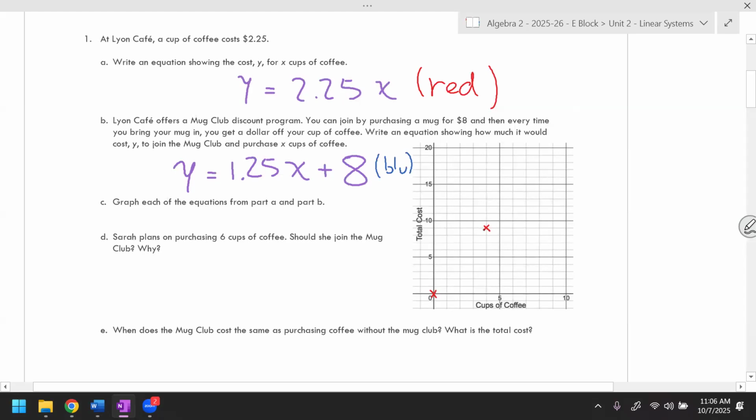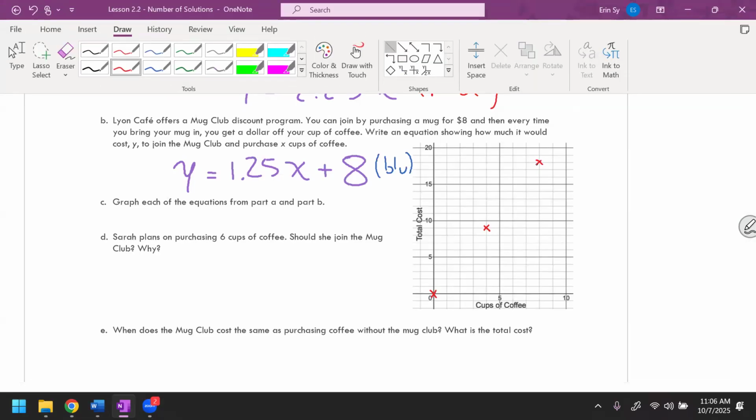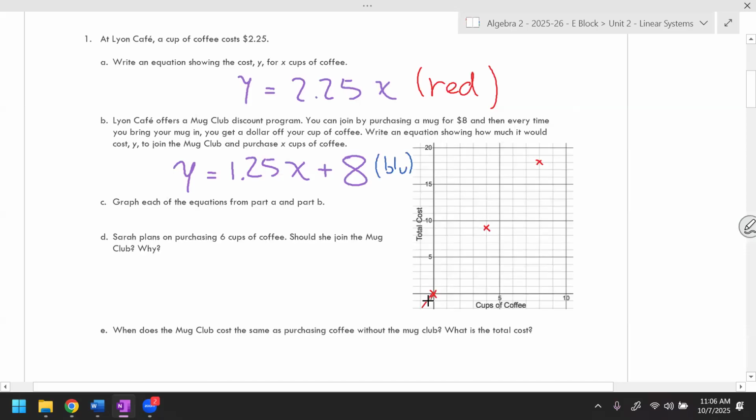What about for 8 cups of coffee? Makes sense, we're just doubling it up to 18. So 18 is over here, and I've got 8 cups of coffee here. Okay, so I'll draw a line. If you don't draw a line, I'm not going to mark this wrong if this was on a quiz, but I think you should draw a line because we are talking about lines.